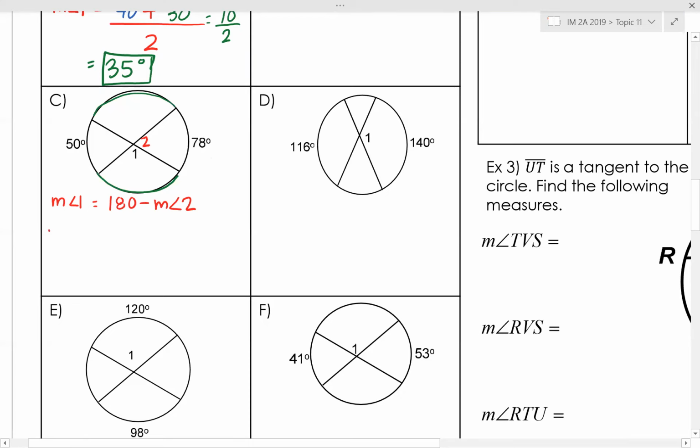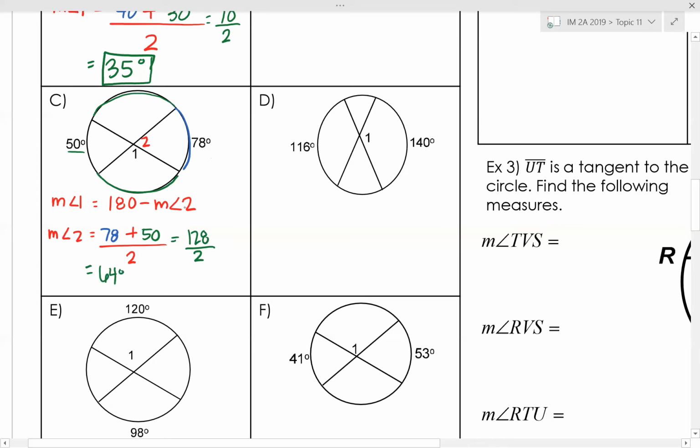Because with angle 2, I can use the formula. I can do the sum of the 2 arcs that I know divided by 2. So that means that I can add 78 and 50. And so I have 128 divided by 2, which means that the measure of angle 2 is 64 degrees.